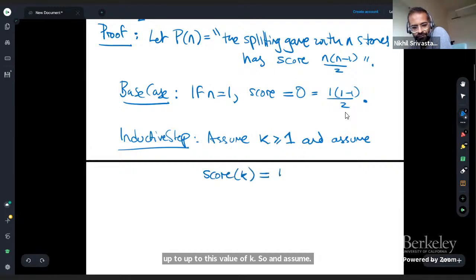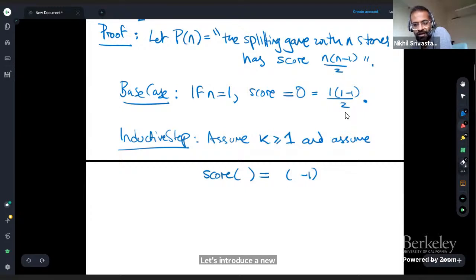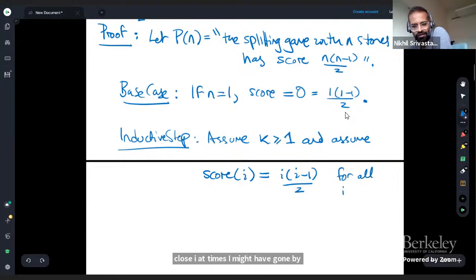Score of k equals k times k minus 1, or sorry, not k. Let's introduce a new variable. Score of i equals i times (i minus 1) divided by 2 for all i going from 1 to k.